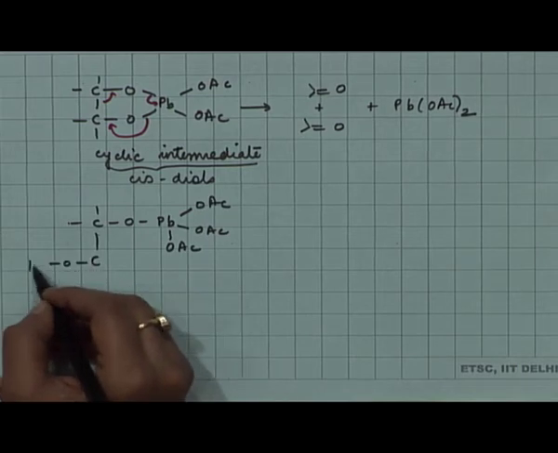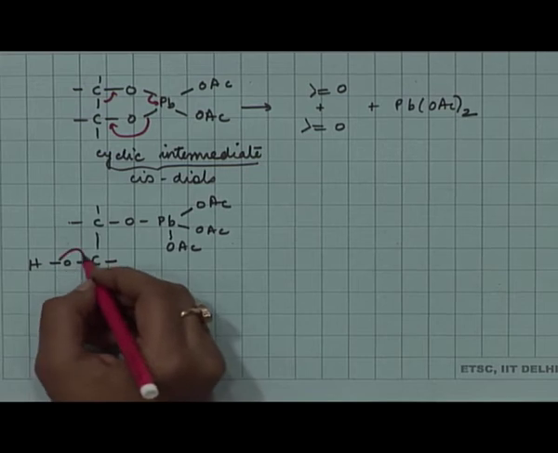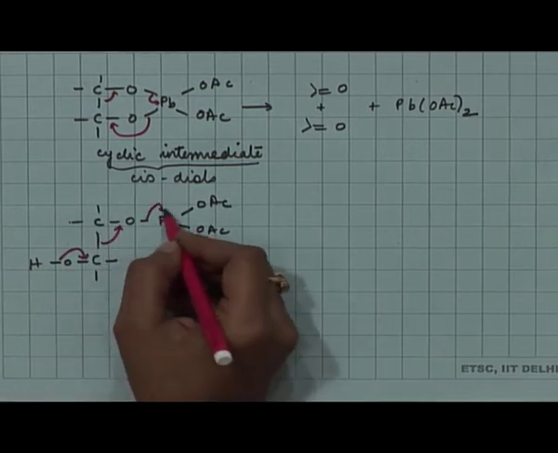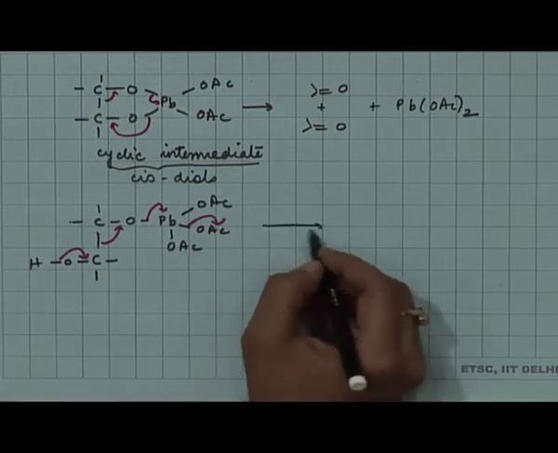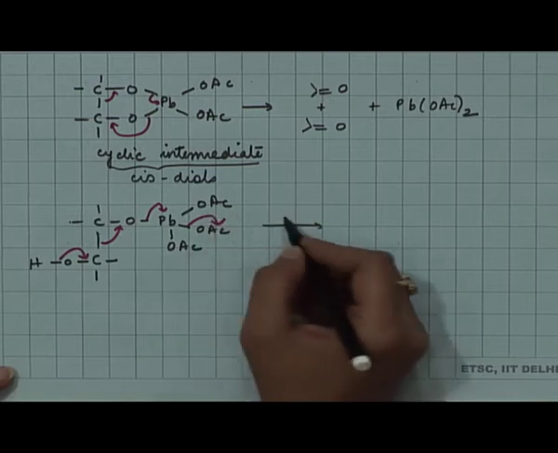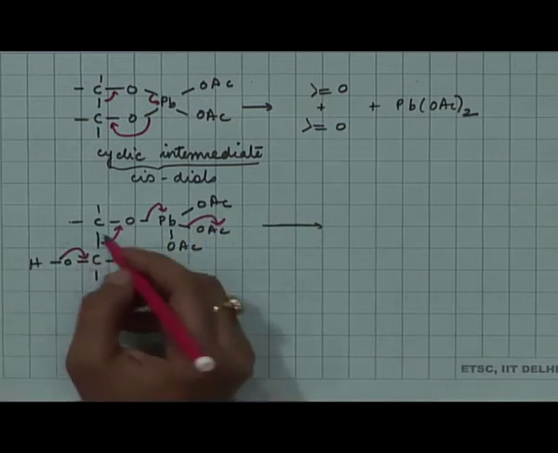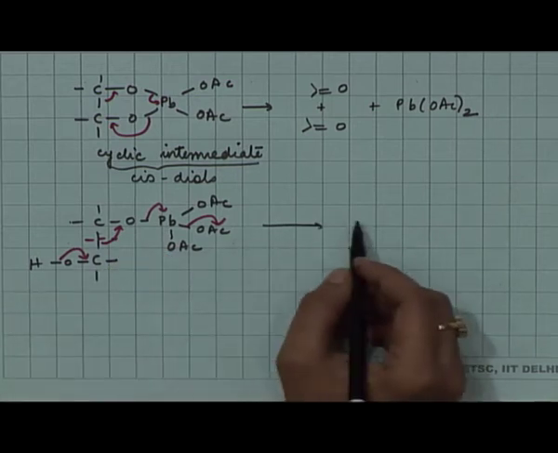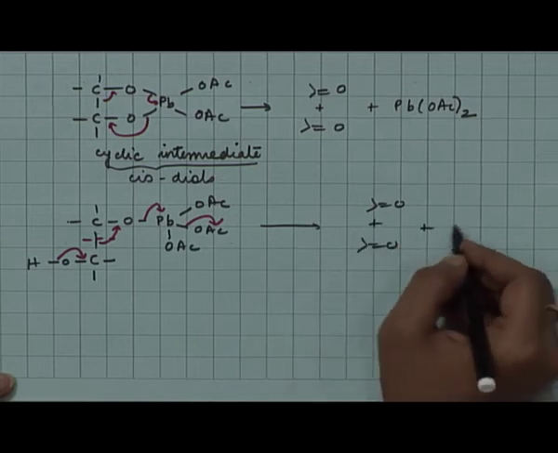Now, in case of trans diols, there is a possibility that the acetate loses in this manner and still you are able to get the complementary product with this carbon-carbon bond fission, which was not possible in case of HIO4, and still you end up with the same product mixture.